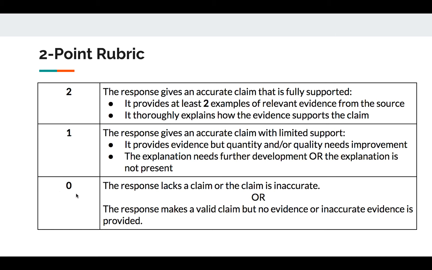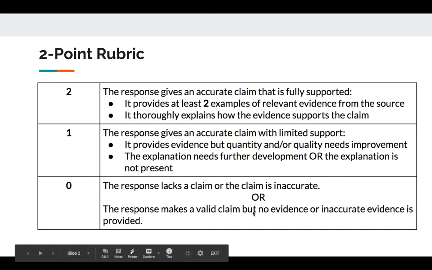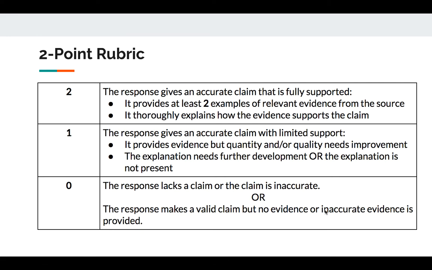The 0 out of 2, so the response that gives you basically no credit, is the response that lacks a claim or answer to the question, or has a claim that is not an accurate answer. The 0 may also make a valid claim, but provide absolutely no evidence or quotations, or inaccurate evidence that really doesn't support the claim in any way.